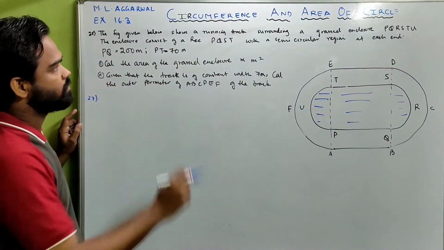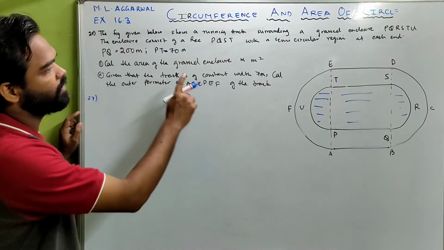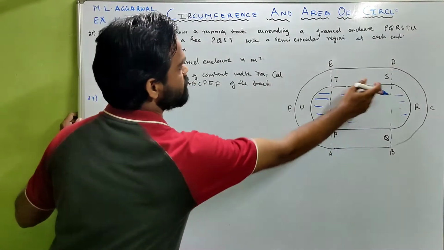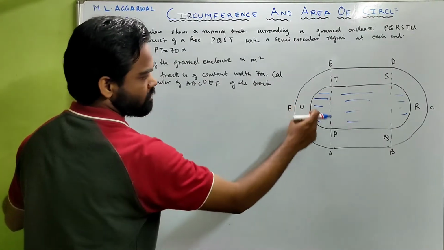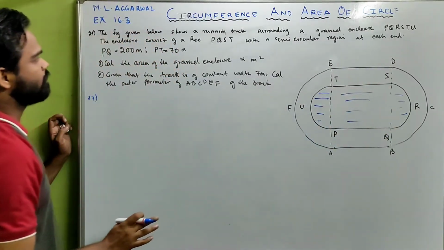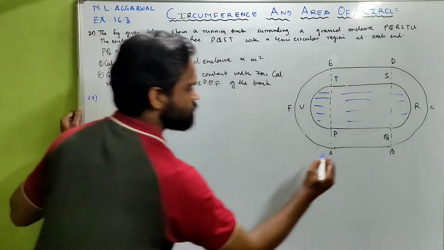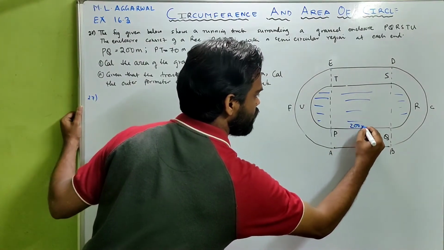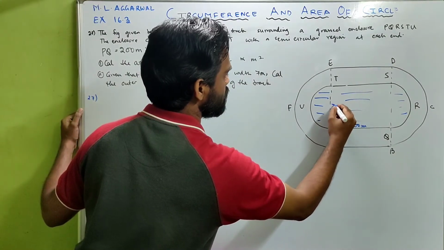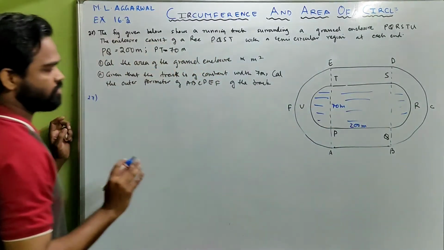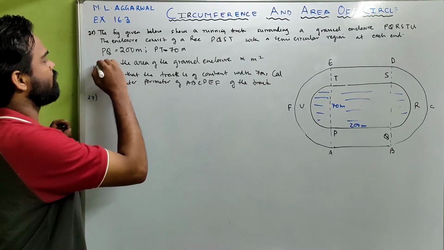The enclosure consists of a rectangular PQST, definitely, with a semicircular region at each end. So there's a semicircular region. PQ is 200 meters, and PT is 70 meters.